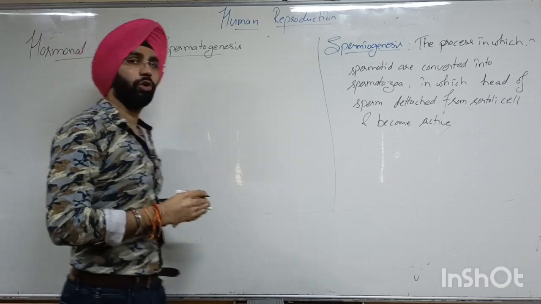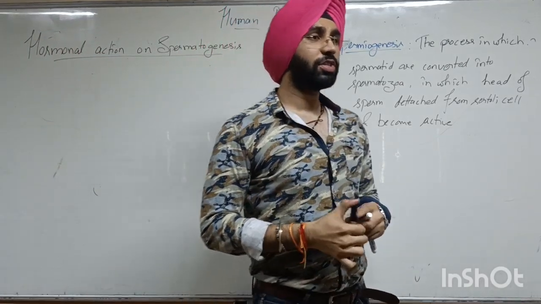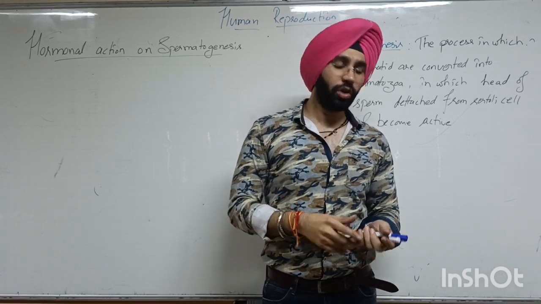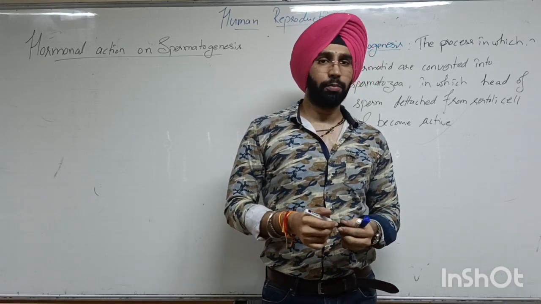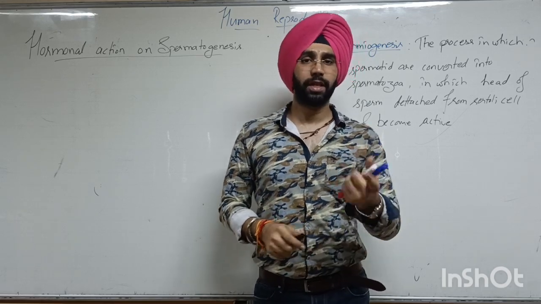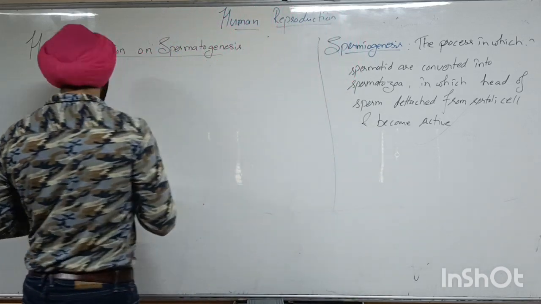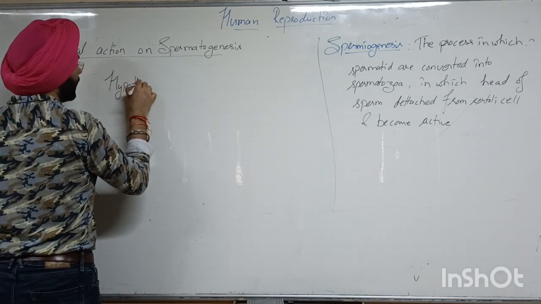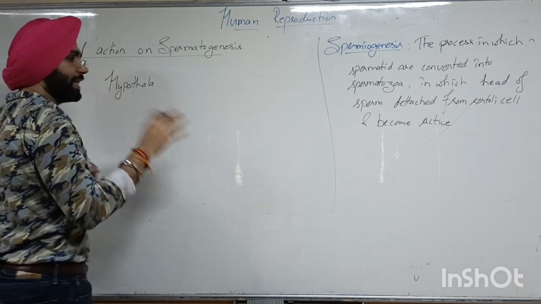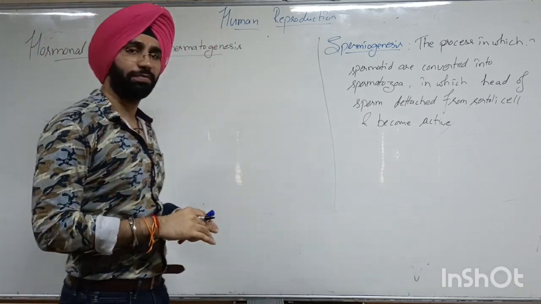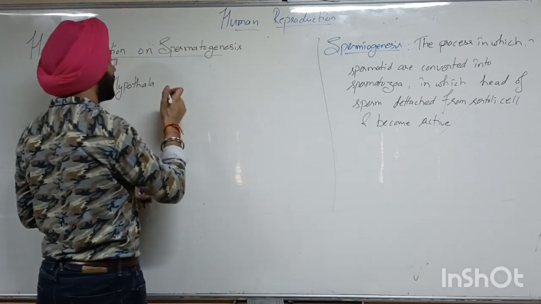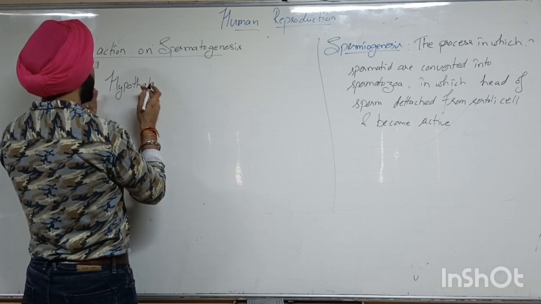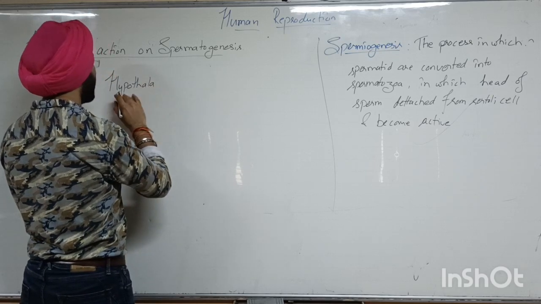You have already studied in the previous chapter in your ninth standard, in control and coordination, that the hypothalamus gland is known as the master of master gland. Here I am writing the hypothalamus, which is present at the base of the diencephalon, a forebrain part, and is also known as the master of master gland.